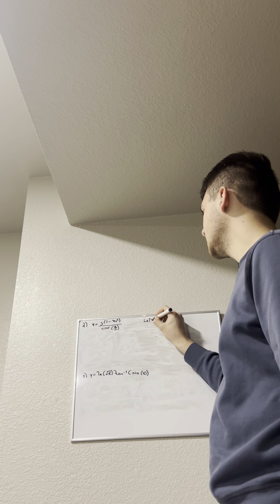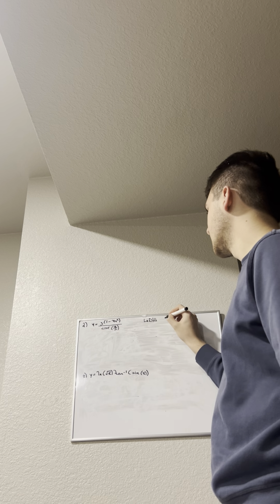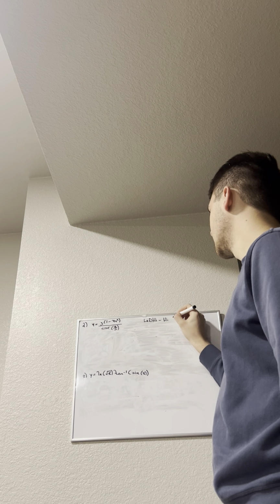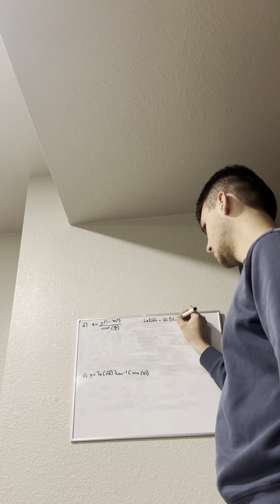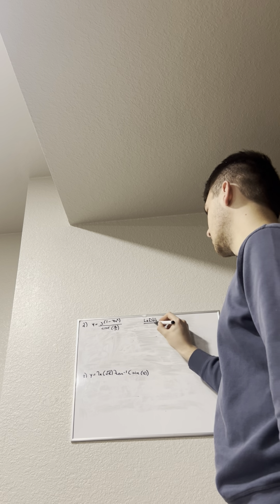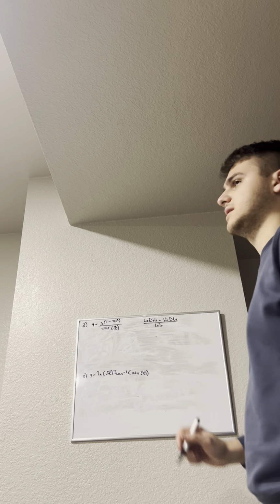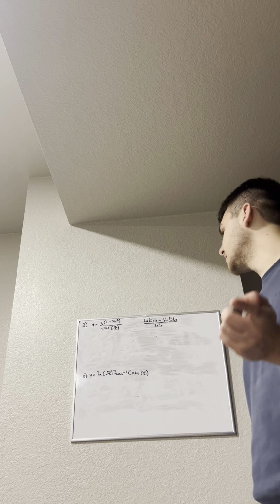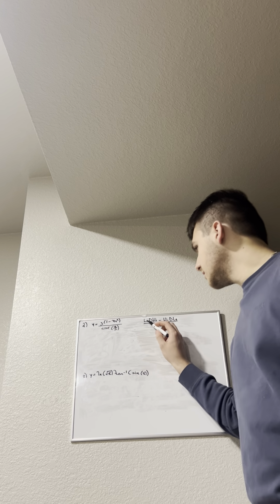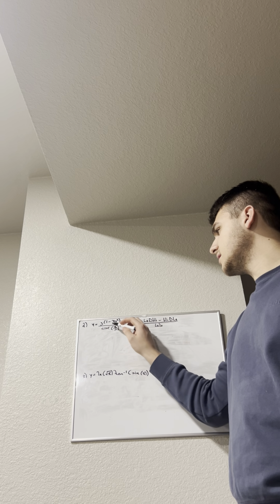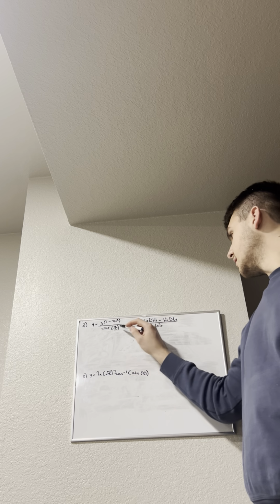The quotient rule is something like low d high minus high d low over low, which is very useful for me to remember, and thank you to Mr. E for that. Low refers to the term in the denominator.